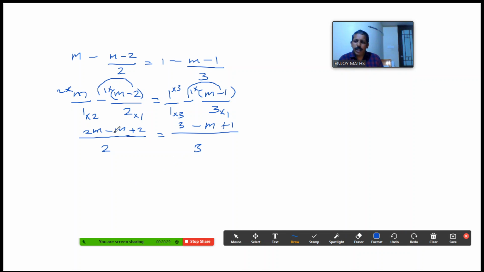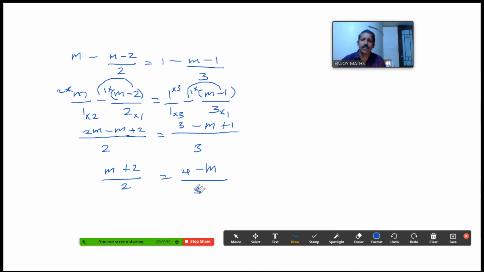Next step: 2m minus m, so that becomes m plus 2 by 2, and here 3 and 1, I can say 4 minus m, over 3.